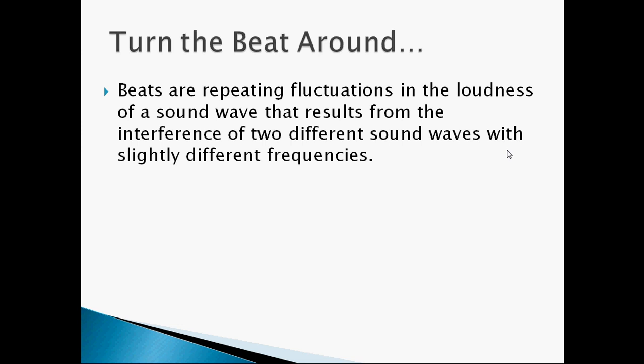So this beat frequency is something that arises when we have two different sounds that are both being emitted at the same time, but they have similar but slightly different frequencies.